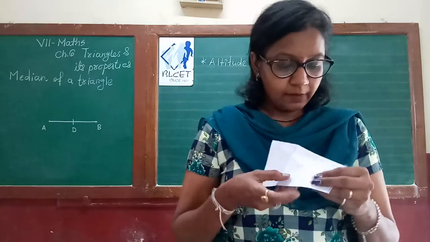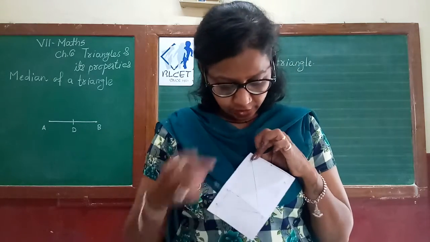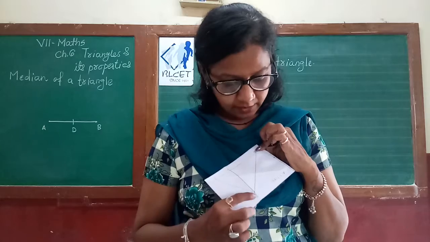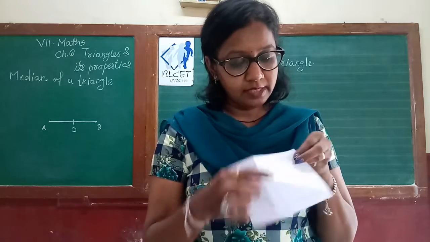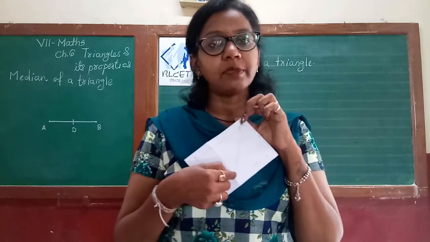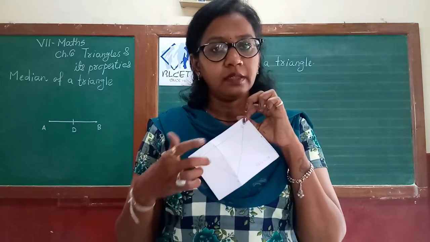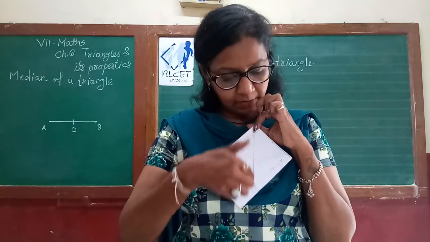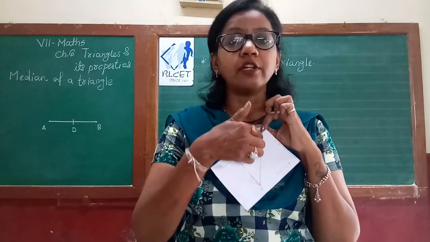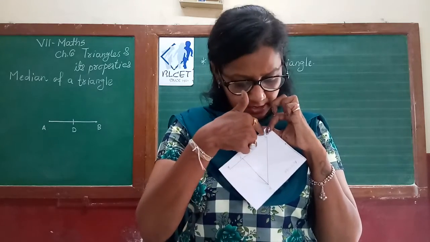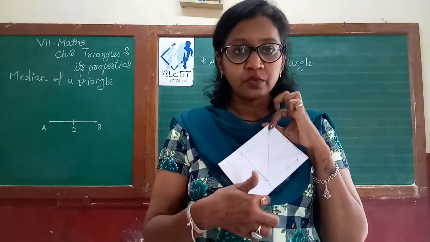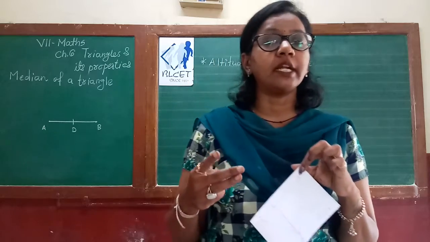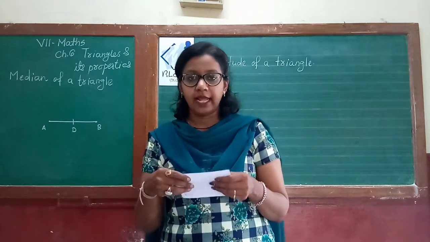Suppose my triangle is like this, QRP. Then this line segment PQ itself gives me the height of the triangle. Which triangle? QRP. So this way we can find the three altitudes of a given triangle.